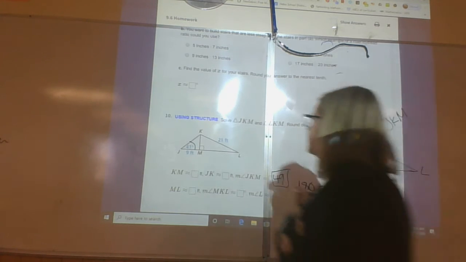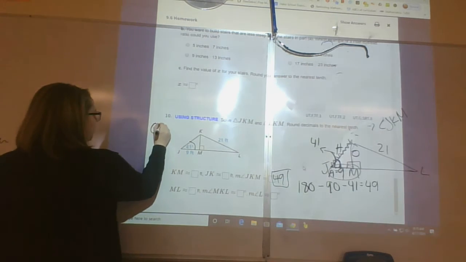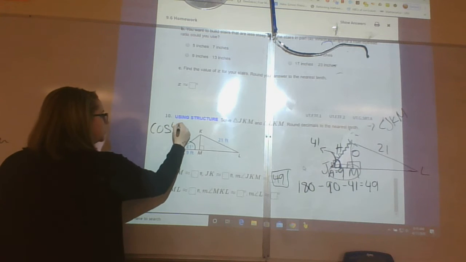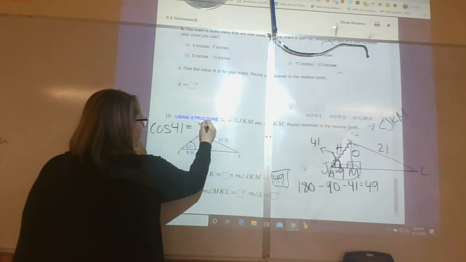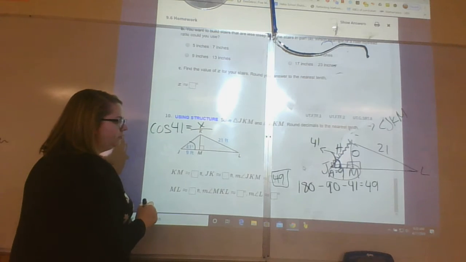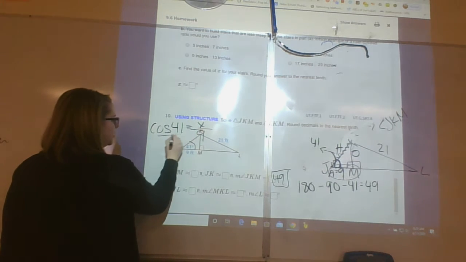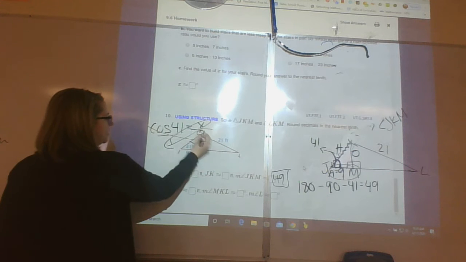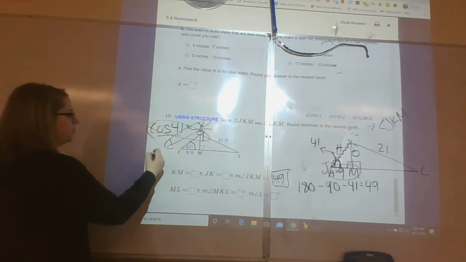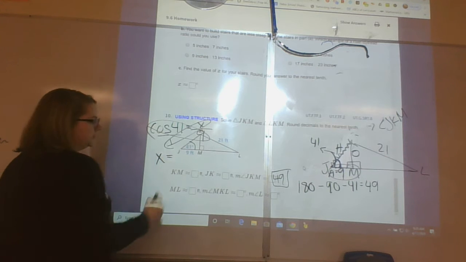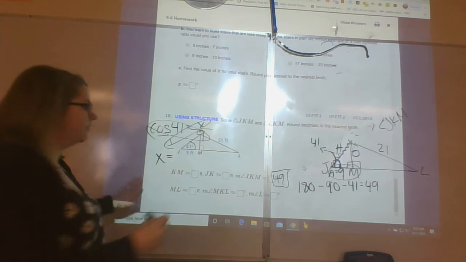So here, I'm going to write it over here, cosine of my angle, which is 41, is equal to, we don't know what that side is, I'm going to call it x over 9. I can put this over 1 and cross multiply. So now I have 9 times x times 1, which is just x, equals 9 times cosine of 41.